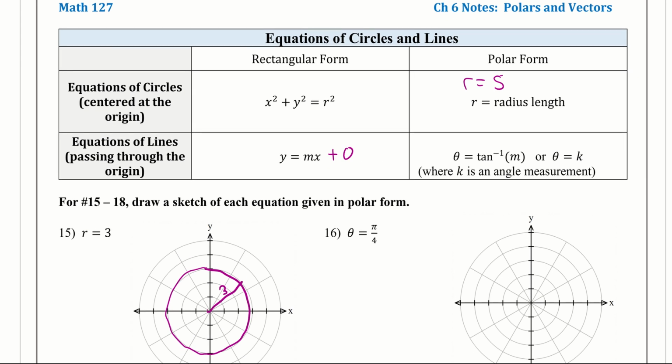We might see theta equal to the inverse tangent of some value, or we might see theta equals k. K would just be the angle that we would have found from the inverse tangent of some measurement. A lot of the ones we're going to be looking at will be this way. It's basically a line that goes through a certain angle.